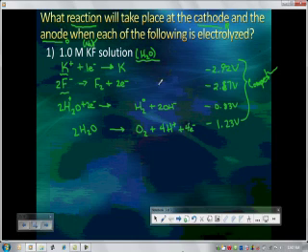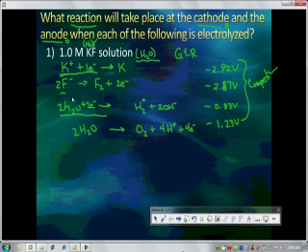Okay. So, for reduction, remember, is the gain of electrons. Let's figure out which 2 reactions show the gain of electrons. And it would be right here, where we're adding an electron to potassium ions, and right here, where we're adding the electron to the water. So which of these 2 reduction reactions is most likely?